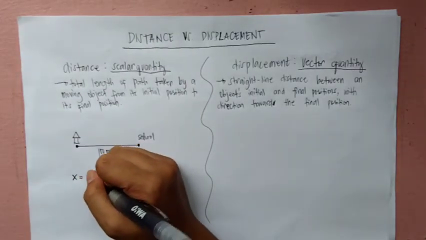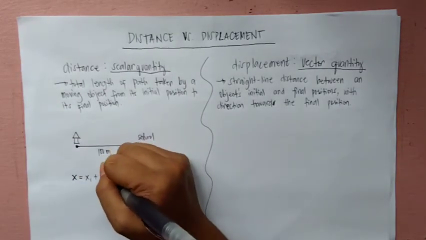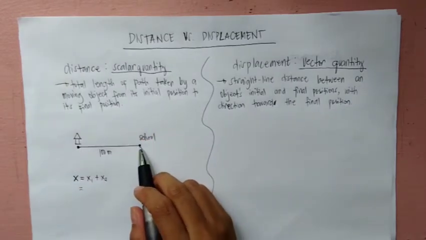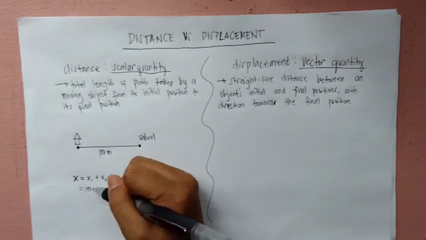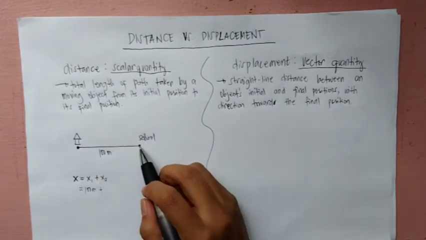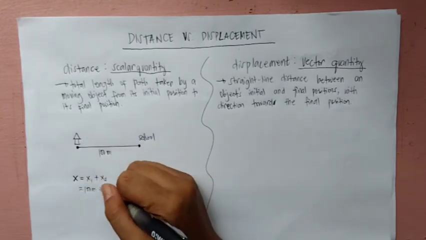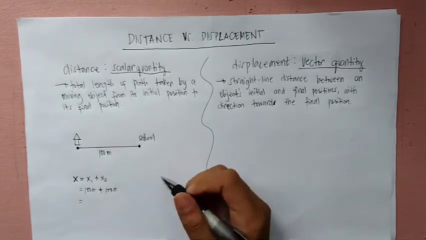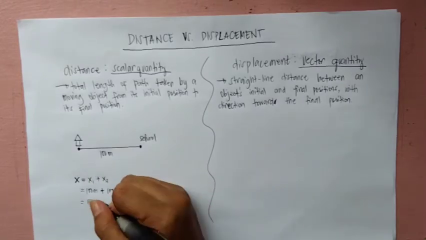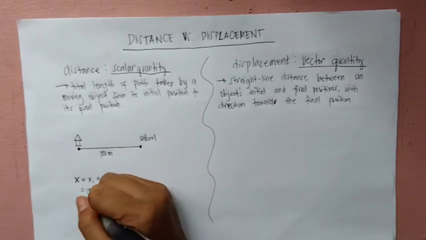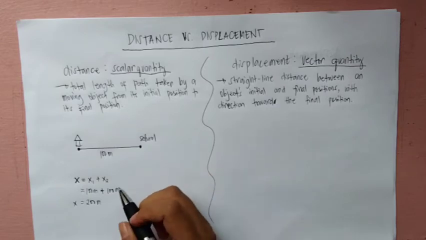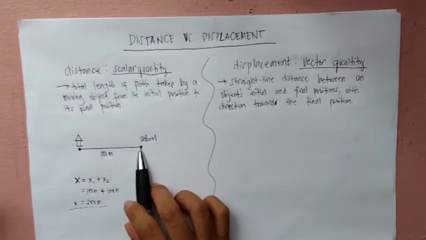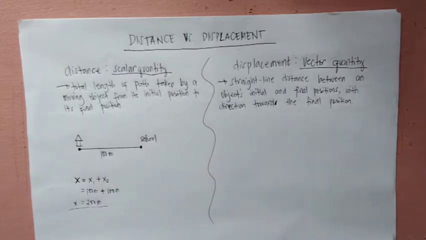So you have x sub 1 plus x sub 2. X sub 1 is from the house to school, 100 meters, and x sub 2 is from school back to his house, which is still 100 meters. So the total length of path is 200 meters. That is the distance taken by the student from his house to school and then back to his house.